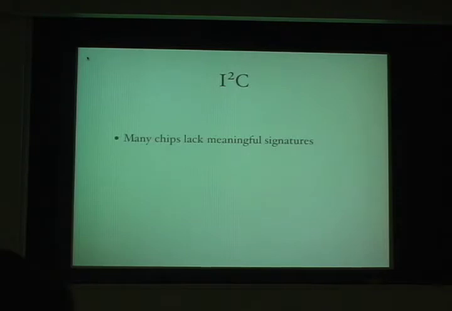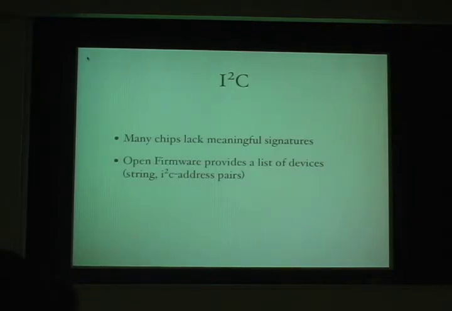So, I2C. Many chips on the I2C bus lack signatures. Open Firmware provides a list of devices, a list of pairs of strings and I2C addresses. On a regular system, you have to query each device on the I2C bus.